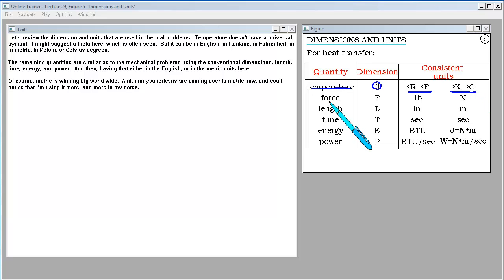The remaining quantities are similar to the mechanical problems, using the conventional dimensions, length, time, energy, and power, and then having that either in the English or in the metric units here. Of course, metric is winning big worldwide, and many Americans are coming over to metric now, and you'll notice that I'm using it more and more in my notes.